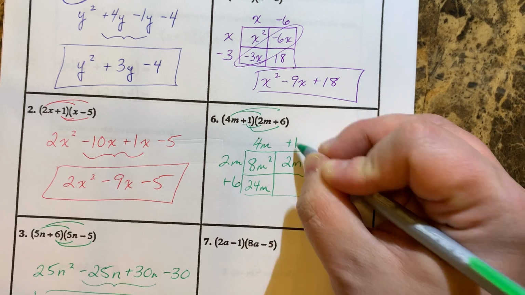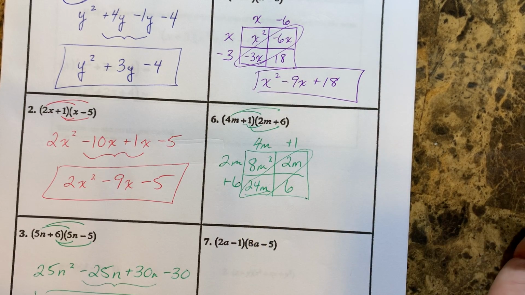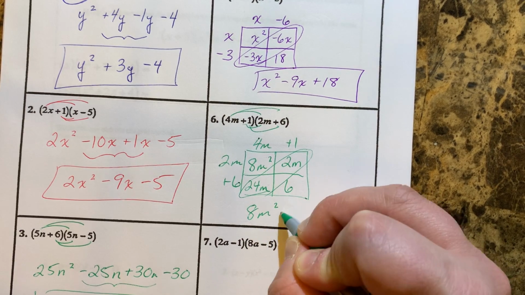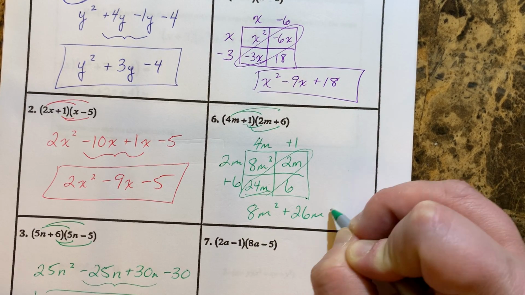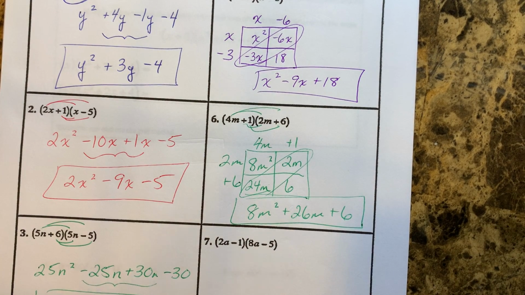And 6 times 1 is 6. So we get 2 like terms. 8m squared plus 26m plus 6 is a final answer, a trinomial.